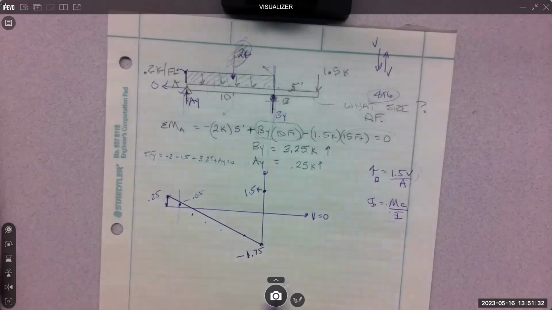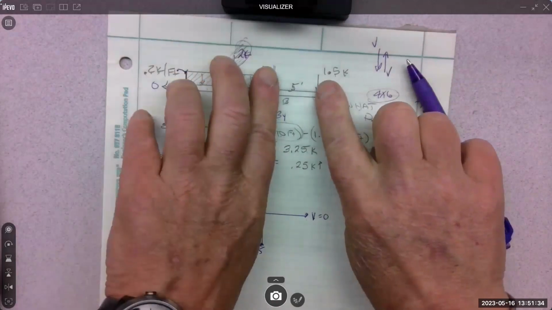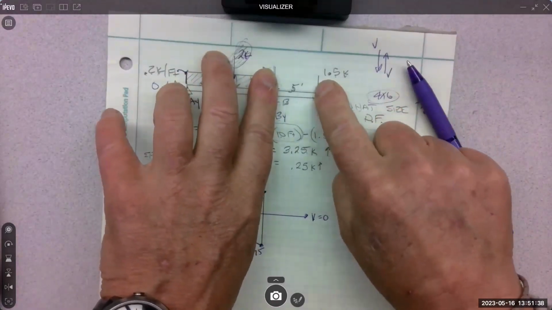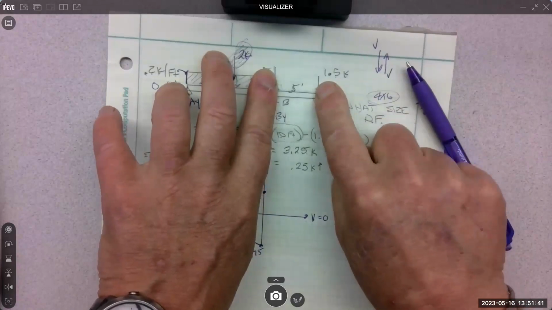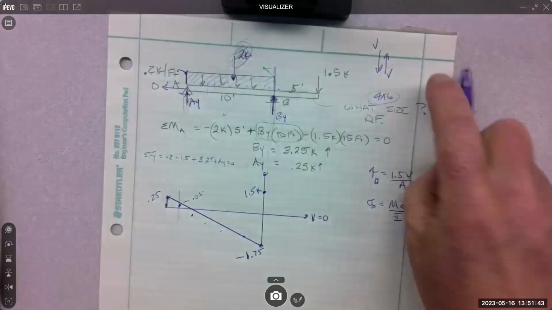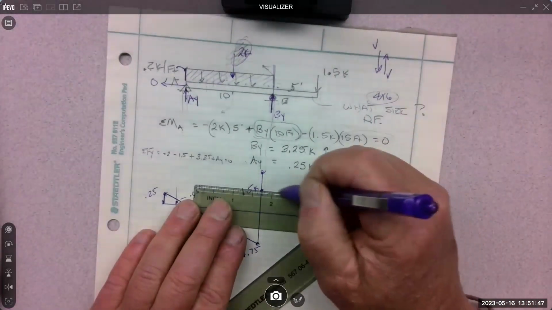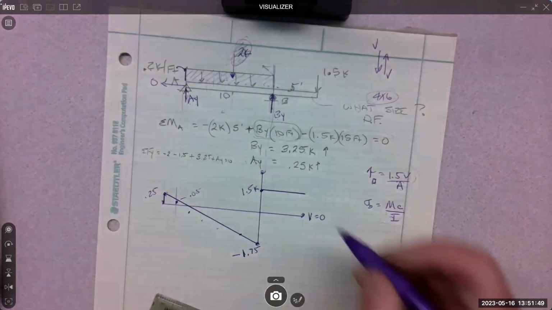And then in this region, force-wise, what happens? Nothing. There's no forces. Nothing changes. There's no distribution. There's no concentration. So if nothing happens, it just stays horizontal.